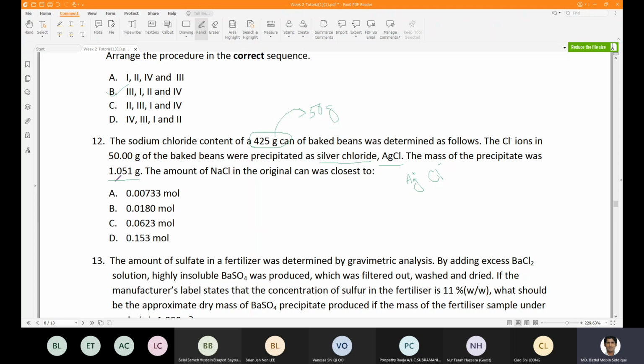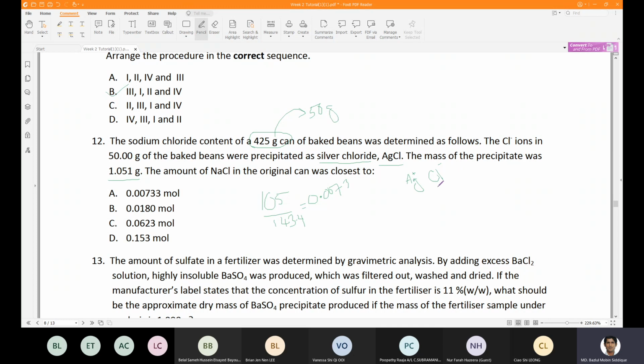If we just divide it by the molar mass of silver chloride, which is 143.4 gram, so we divide 1.051 by 143.4, and that's how we get 0.007333 moles of silver chloride.